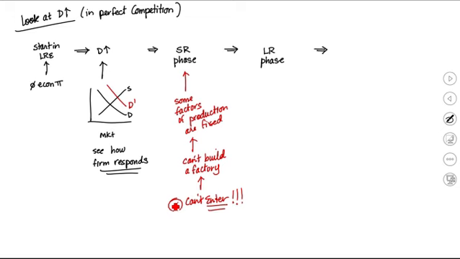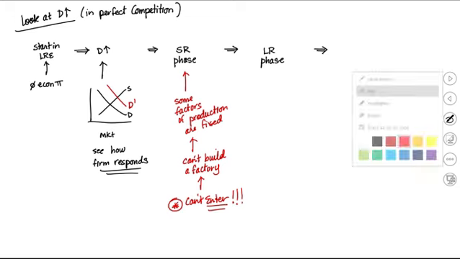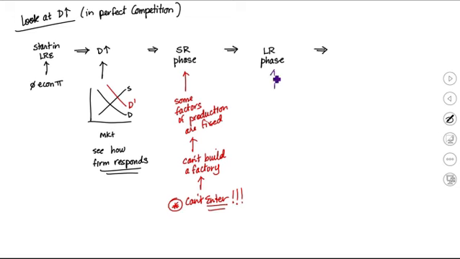I cannot buy land and build a factory in the short run because it's a period of time defined as being too short to alter everything. And clearly the thing I can't alter is my physical space and my big technological investments. But what about the long run? Can firms enter in the long run? Sure can. So remember, in the long run phase, no factors of production are fixed.